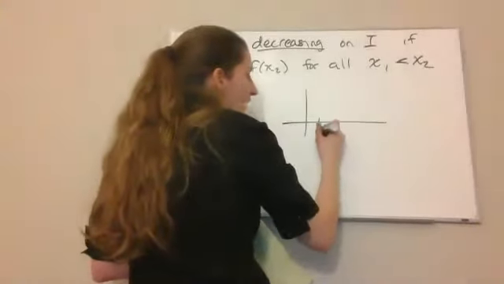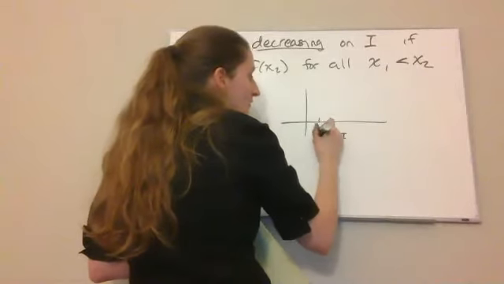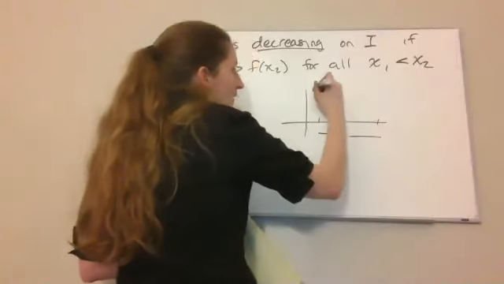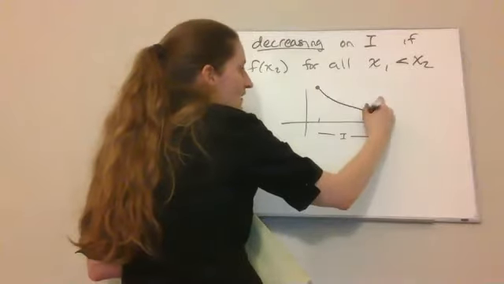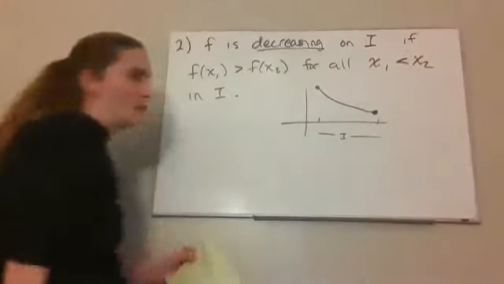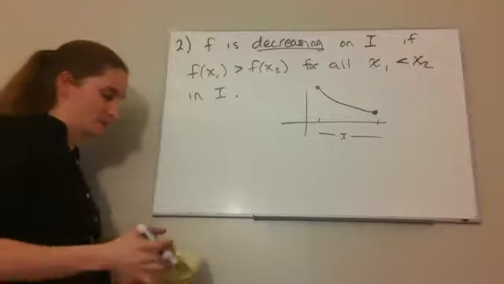So if this is my interval I, then a graph is decreasing if it's going down from left to right.